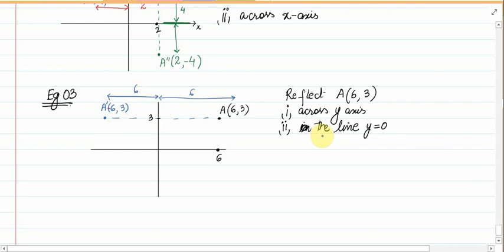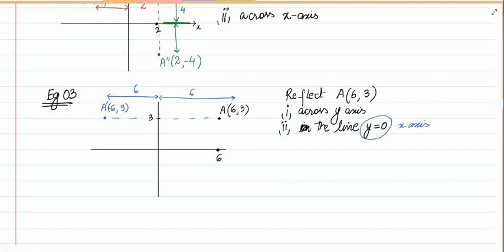In the next part, I say reflect across the line y equal to 0. Now y equal to 0 means that it's the x-axis. So the question is the same, but the way to ask the question is different.